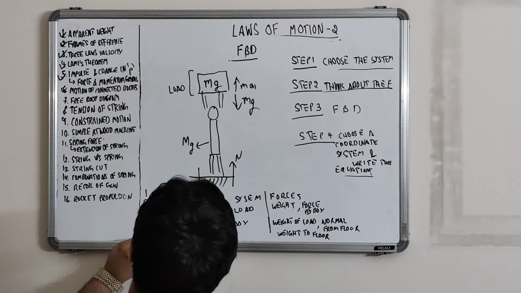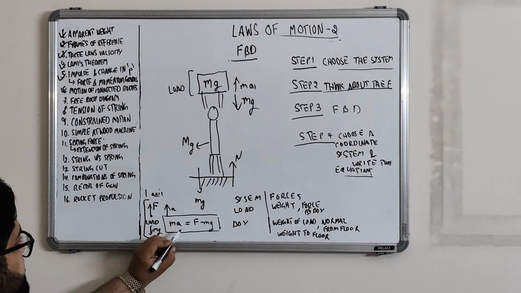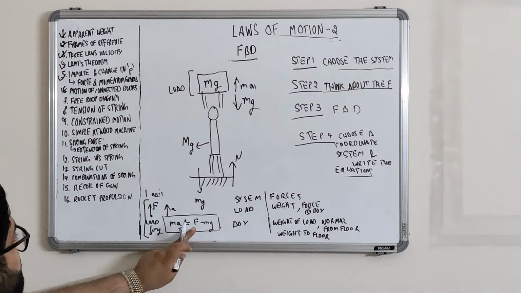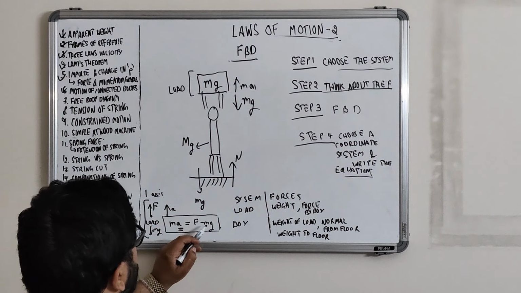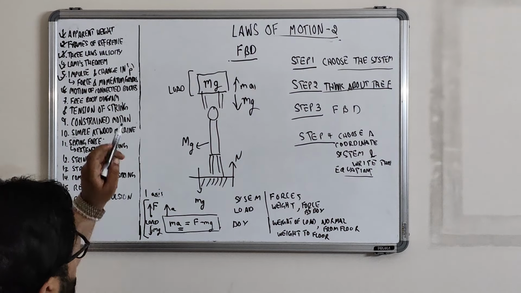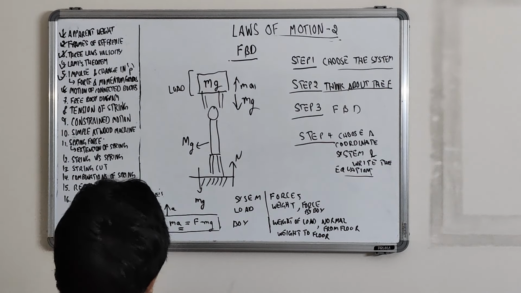Now it's correct. I was wondering why it felt wrong. So ma is the net acceleration experienced by the load, right? F is the force applied by the boy to the load, right? And mg is the weight of the load. Therefore the acceleration will be in the up direction, that is positive, and this is negative. All right, okay.